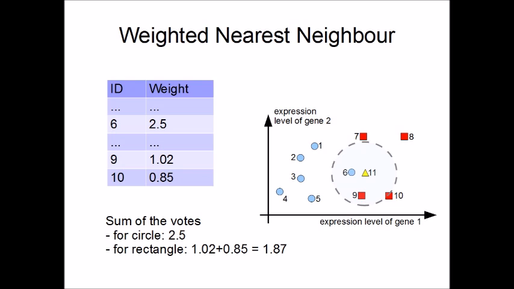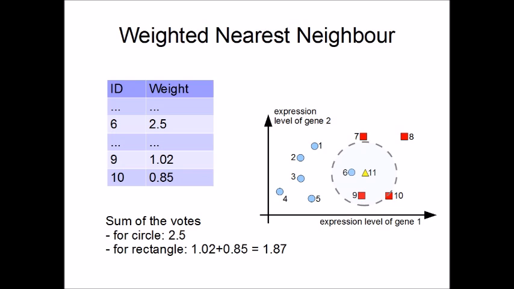This is the sum of the votes for the class of rectangles. And in this example, the sum of the votes for the class of circles is higher than the sum of the votes for the class of rectangles, so this instance will be classified as a circle. It is important to note that generally what we consider is the sum of the votes.